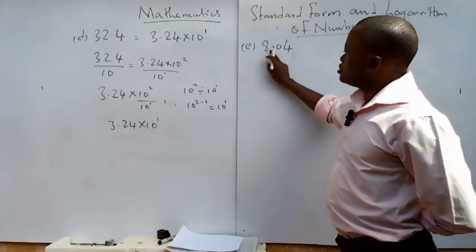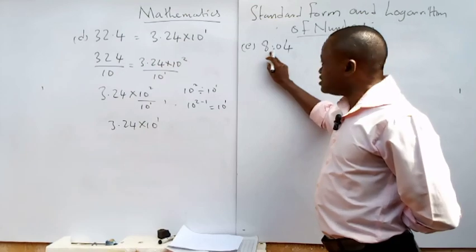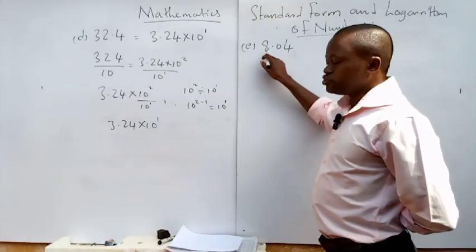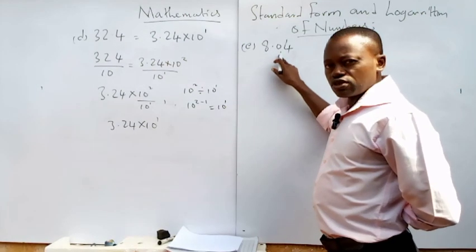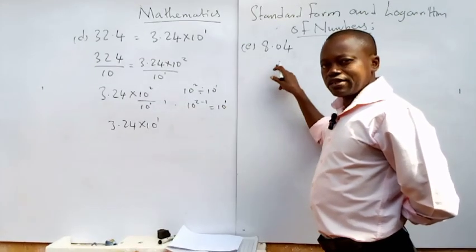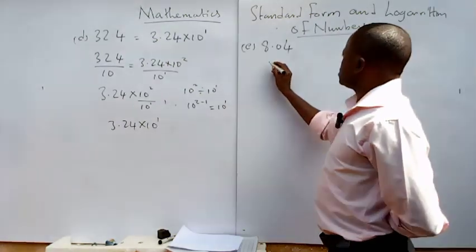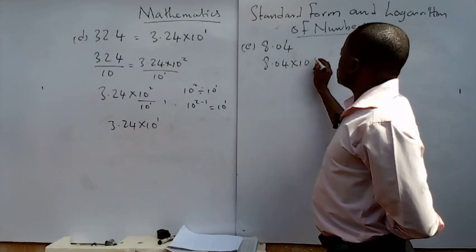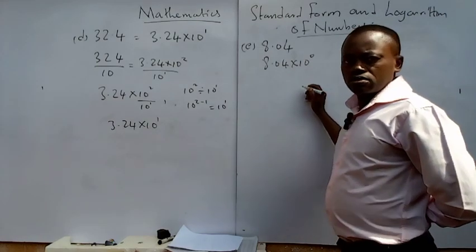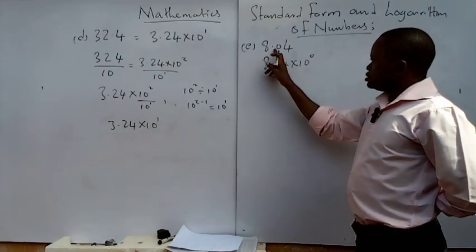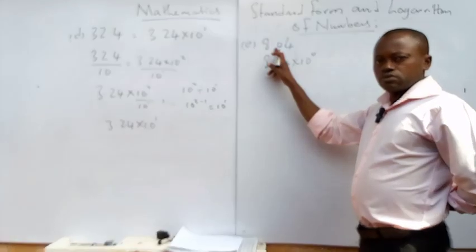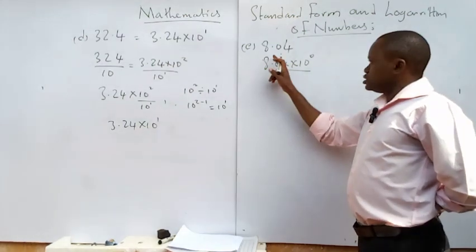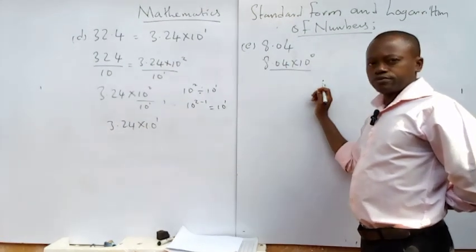You realize that the decimal point is already in front of the first digit, so there is nowhere to move it to, and this expression is already in the format of a times 10 raised to power n. So this is now 8.04 times 10 raised to power 0, because the decimal point was not moved. You get it now? So this is a way of expressing this value in standard form.